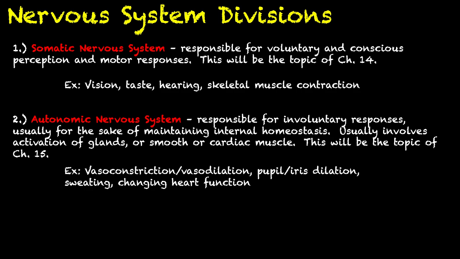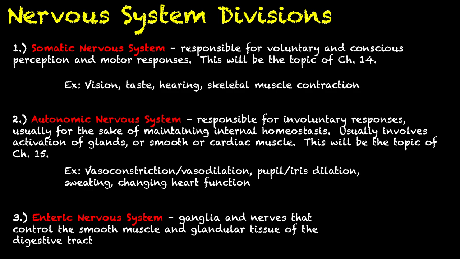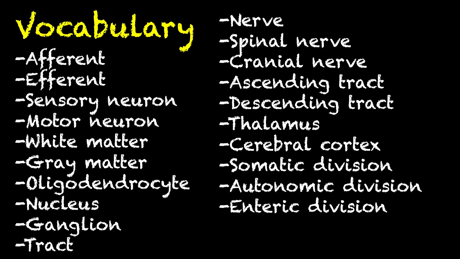Some examples that we have or have not seen before include vasoconstriction and vasodilation, dilation of the pupil and the contraction of the muscles in the iris to get that to happen, sweating, which we've talked about before, changing heart function in terms of heart rate and contractility. So those are all things under the control of the autonomic division. And then I mentioned the enteric division, which consists of ganglia and nerves that control the smooth muscle and glandular tissue of the digestive tract.